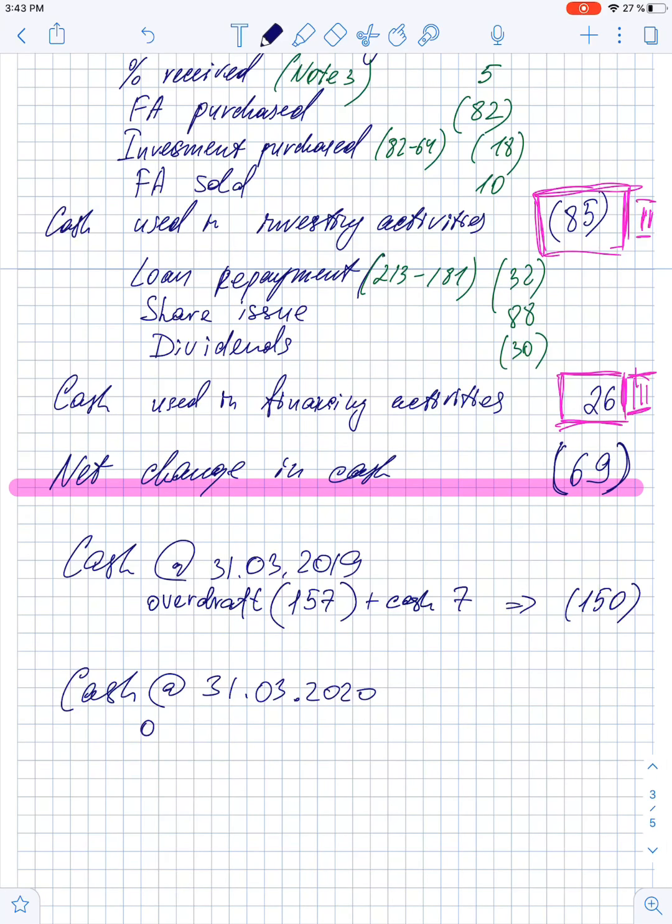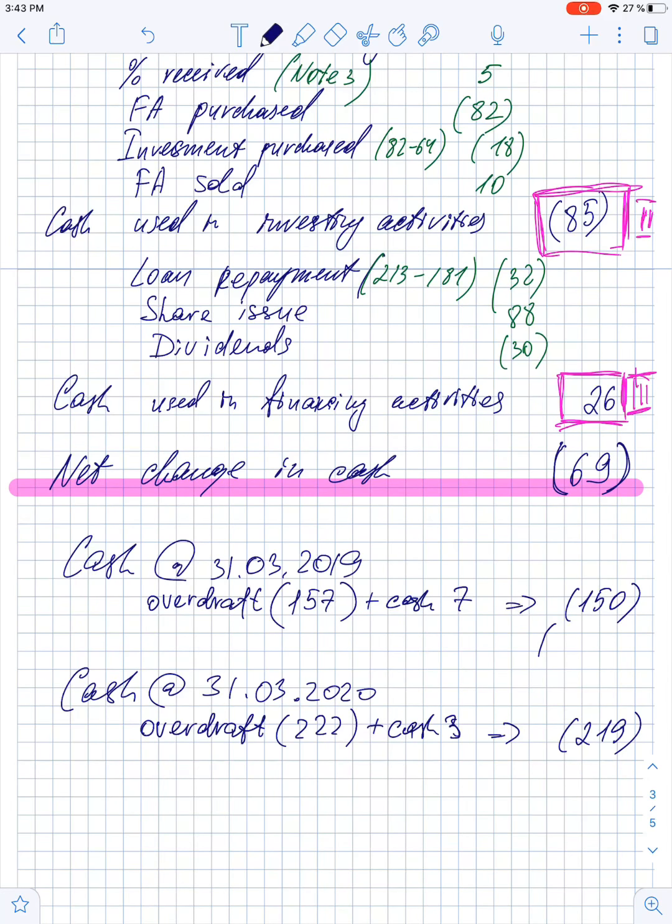At the end of the year, overdraft was, according to the wording of the problem, 222 and cash was 3. I'm sorry, it was 3. So the total cash was 219 with a minus sign.